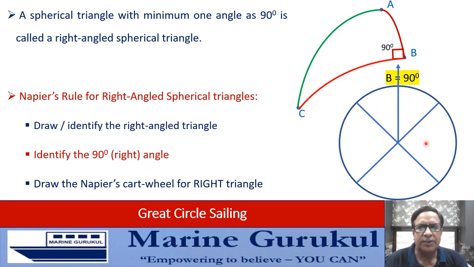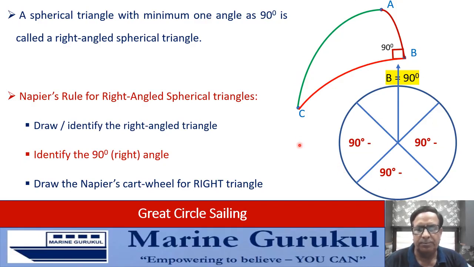Now these bigger parts here have the complements of the parts, whereas the smaller ones shall have the parts coming in as they are. What does it mean? We can fill in 90 minus here. That means here we shall have the complement of the parts. Now from B we can start going clockwise and fill up these parts in the clockwise direction like this.